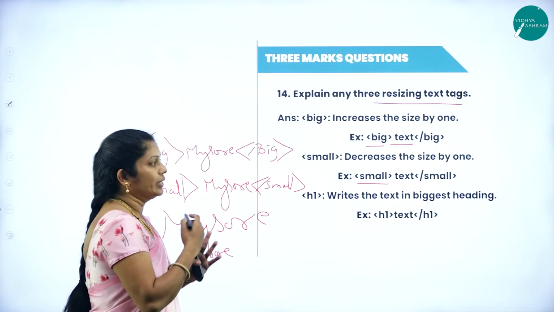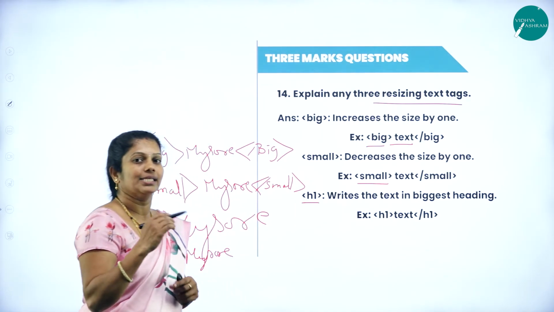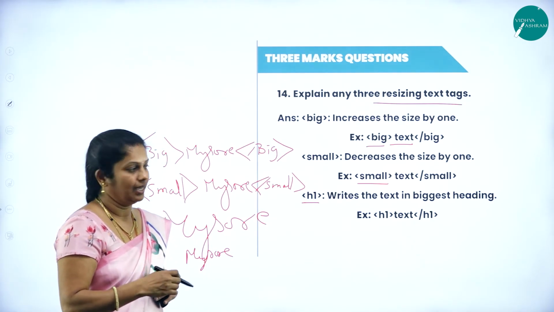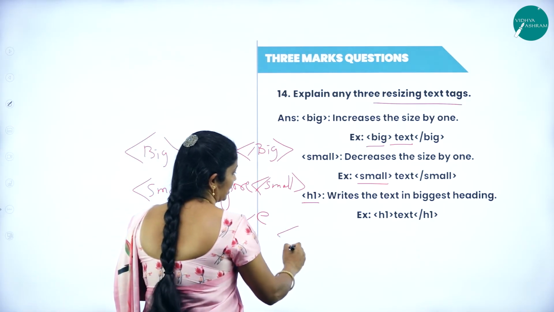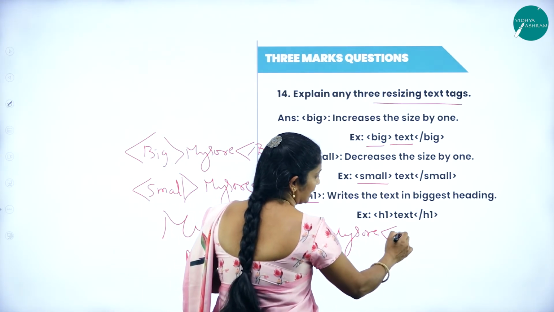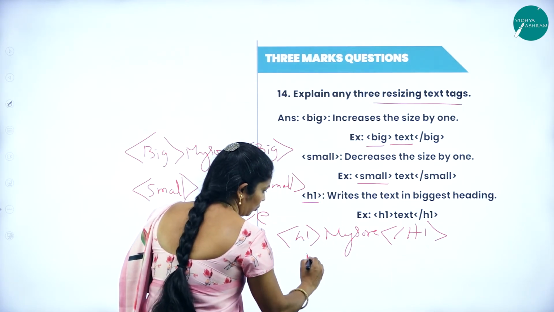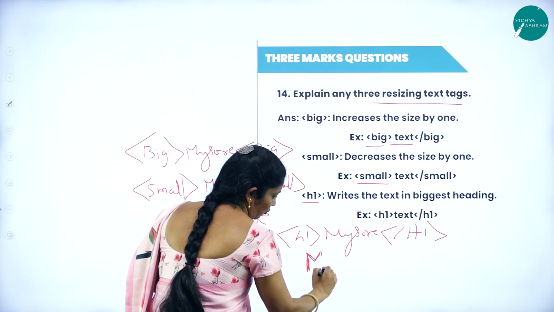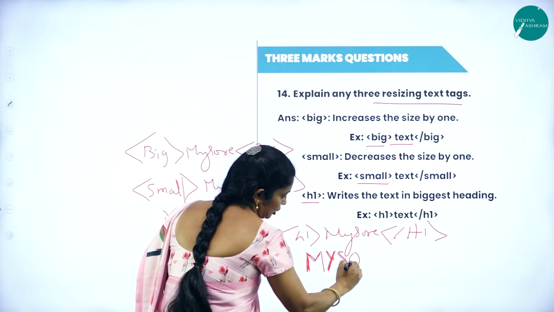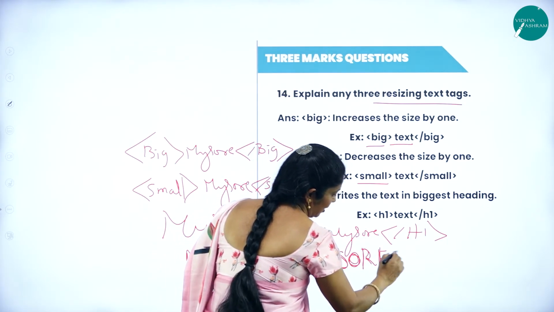These are the few tags we are using. With that, if I want, I can use the H1 tag. The H1 tag will display the data in the biggest heading format. Here, for example, if I use the H1 tag Mysuru, and then close the H1 tag, it will display Mysuru in a very highlighted format, in bold format.